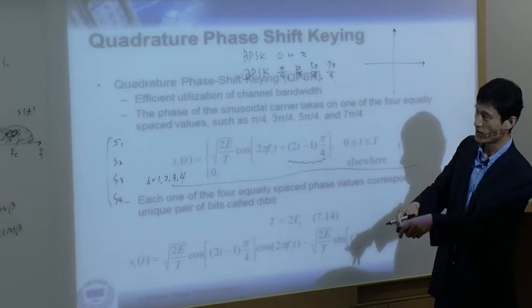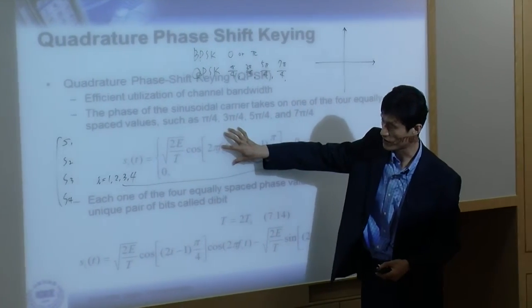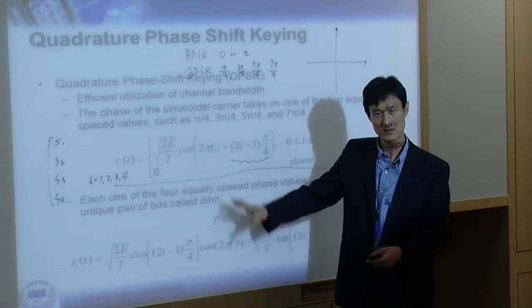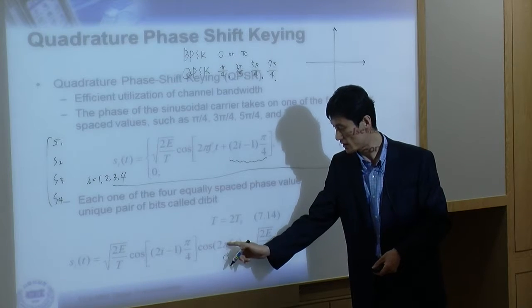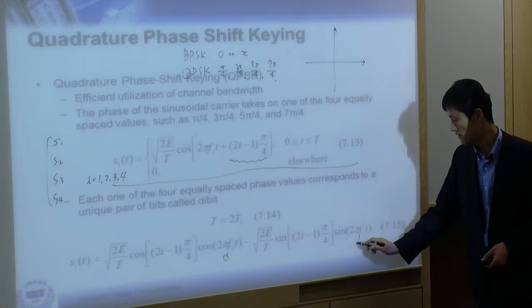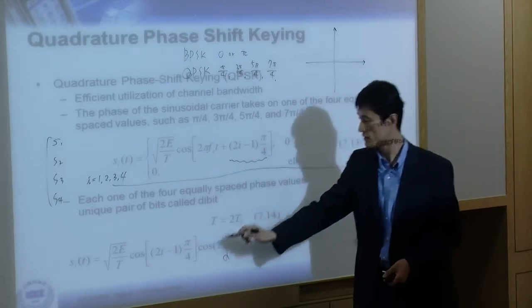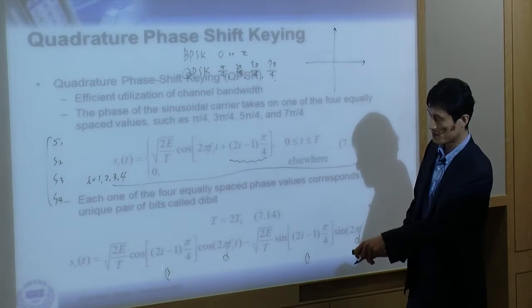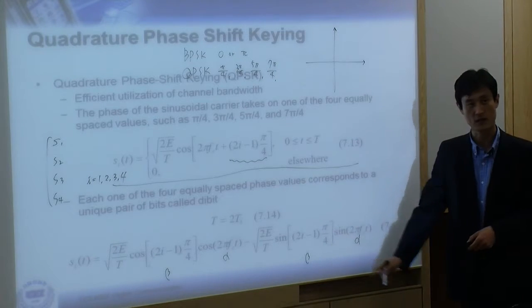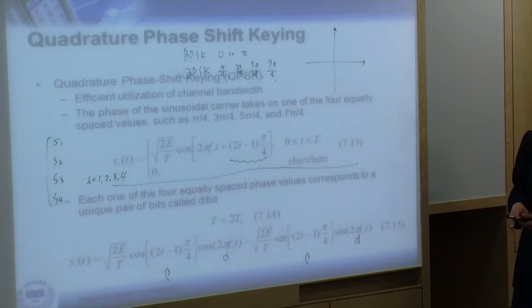Use that identity to change this equation into this. Here's alpha, so we have cosine alpha here, and sine alpha here. The second term here is beta. So we have cosine alpha cosine beta minus sine alpha sine beta. So just simply replace this, right?